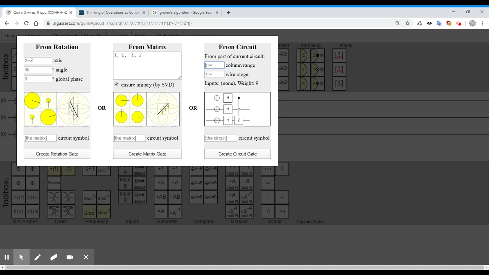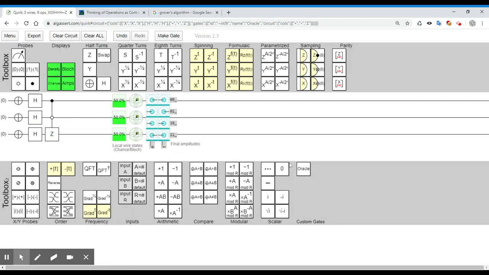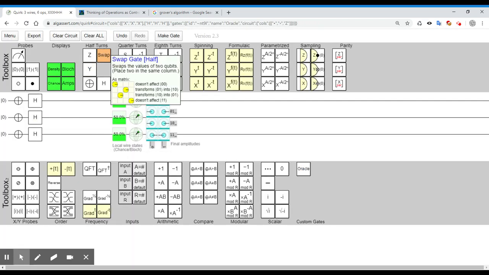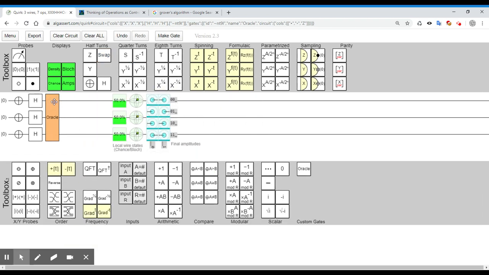Column range 3, all, oracle. Is that it? Yeah. So now I can basically do this, right? So my oracle is this thing.